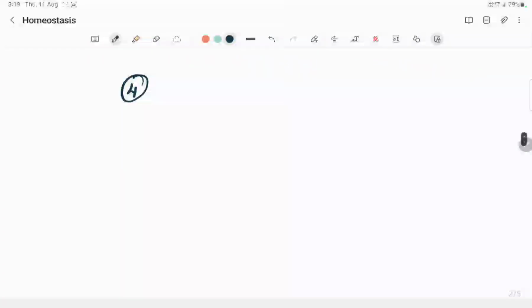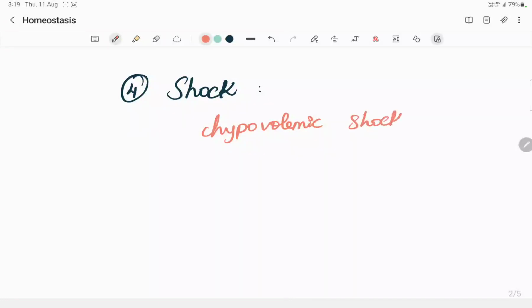Okay, the fourth example is shock, right? Hypovolemic shock. Okay, in hypovolemic shock, there is a decrease in the blood flow, right?